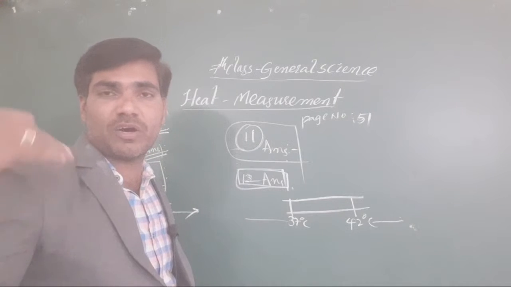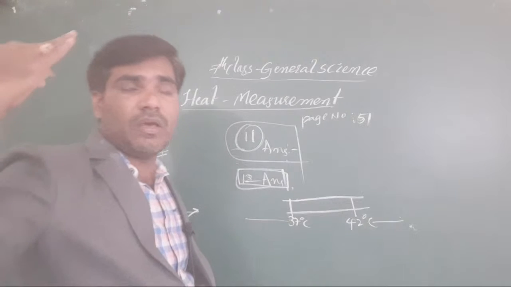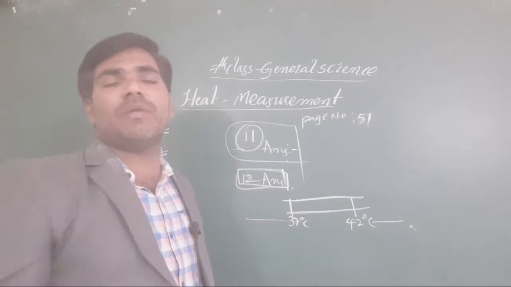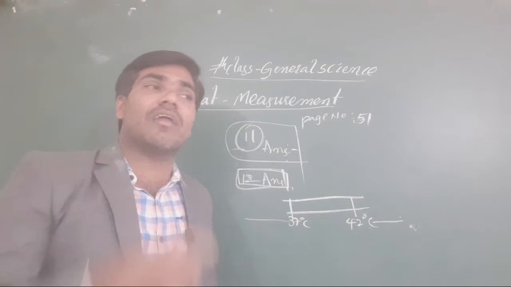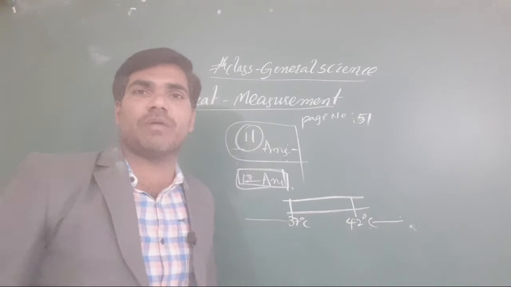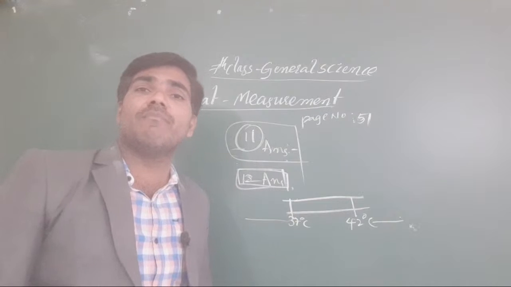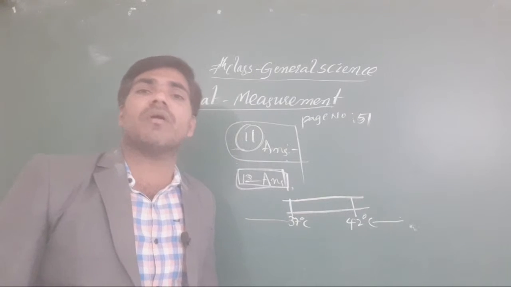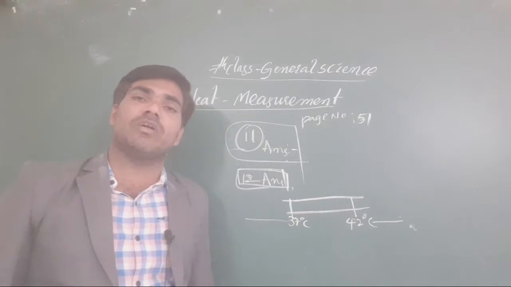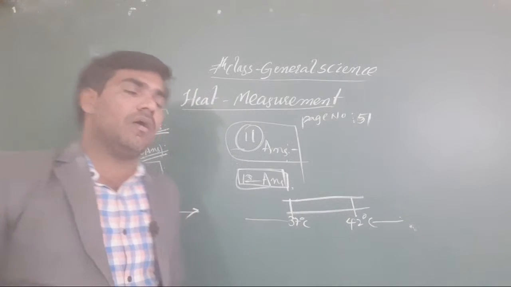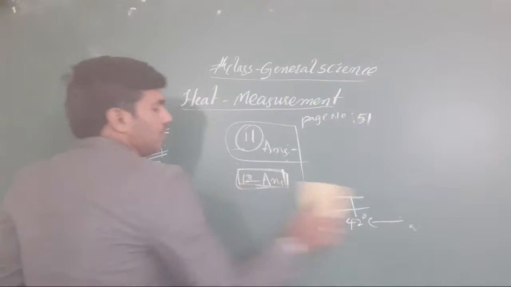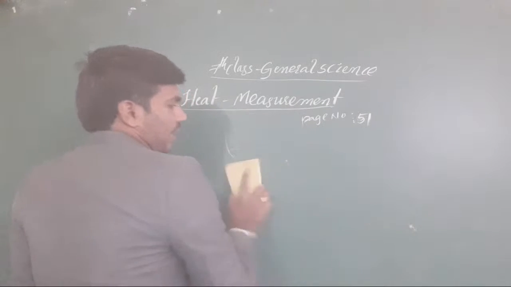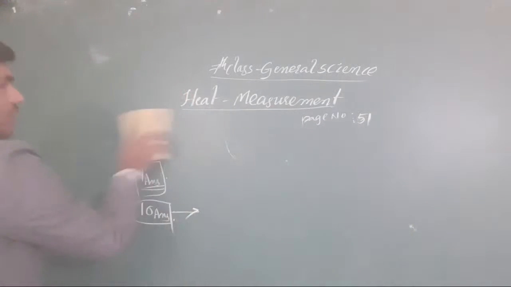Which type of thermometer do you have to use to measure the air temperature, or the atmospheric temperature, maxima and minima? The maxima and minima thermometer you have to use for measuring atmospheric temperature. Got it?